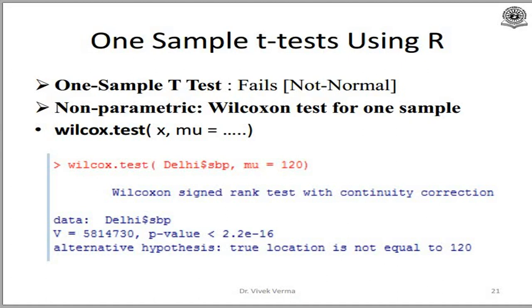We have seen that the value of p is still significantly lower than 0.05. It says that the population systolic blood pressure is significantly deviating from the standard blood pressure which we have considered normal as 120. It says that the population systolic blood pressure is not equal to that standard 120 normal systolic blood pressure.